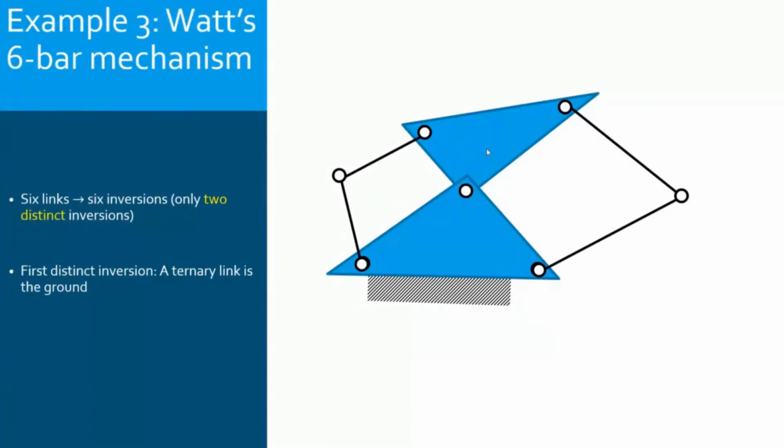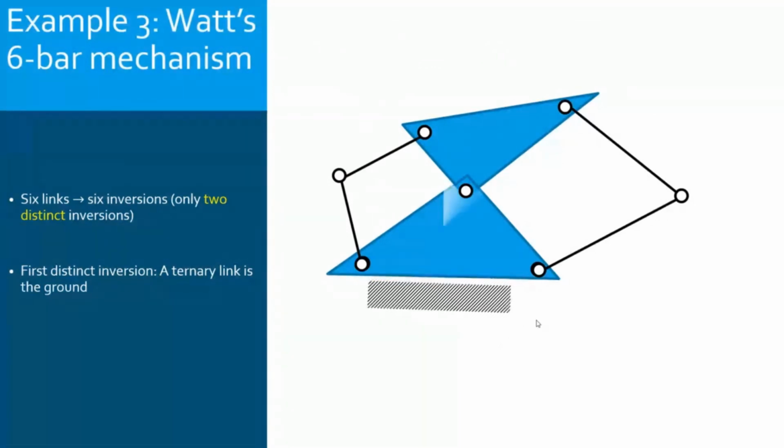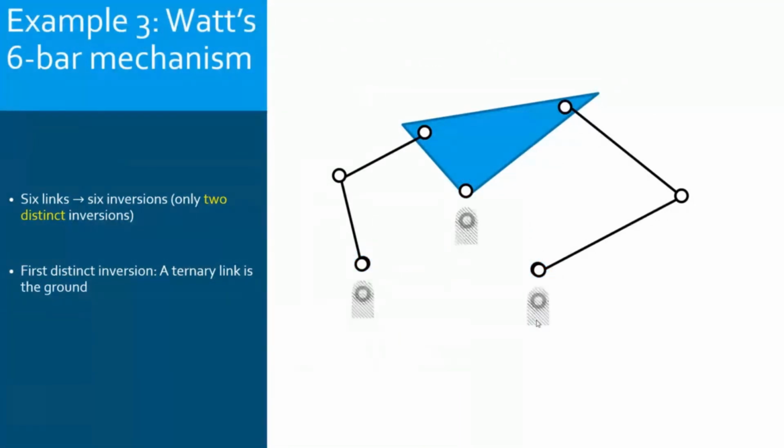Because at the end, if I ground the bottom one, what I will have is always a ternary link in the middle and two bars on the two sides. So substantially, there is no difference.